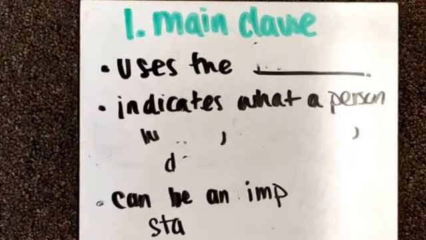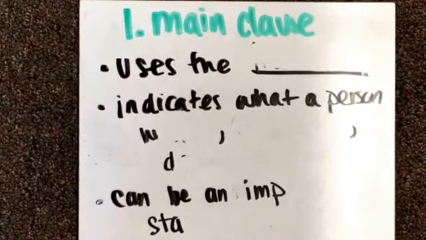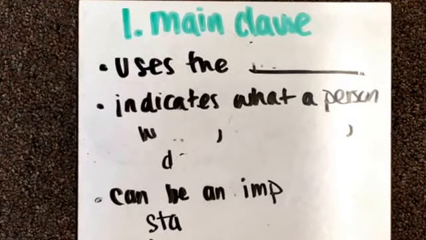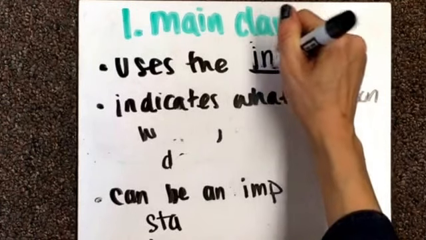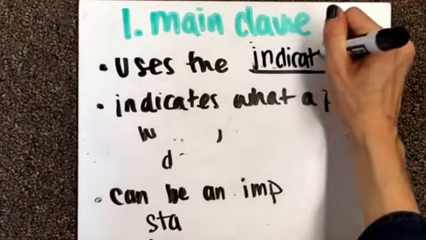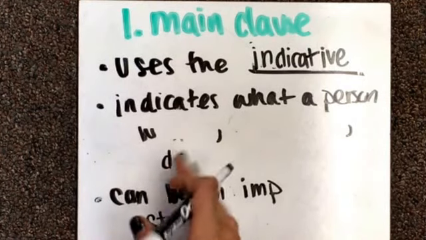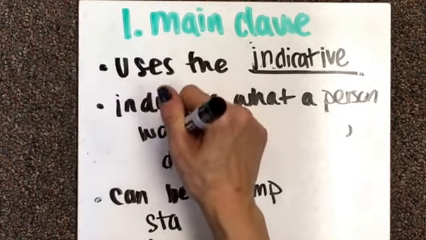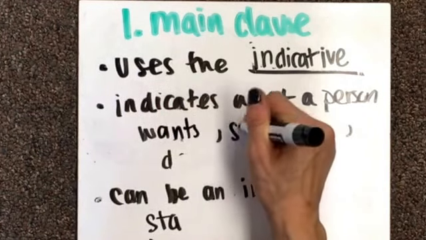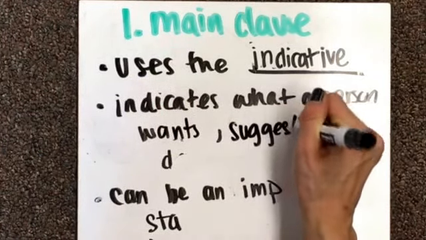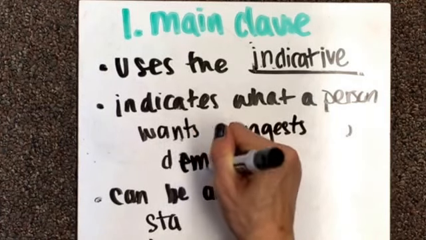So the first part of a sentence that includes the subjunctive is the main clause, so we'll cover that first. The main clause uses the indicative form of the verb. And like I mentioned earlier, that means that you can use the present tense or the past tense, whatever it is that you need to use in order to indicate what a person wants, suggests, or demands.